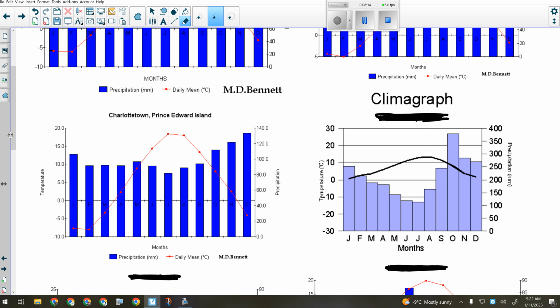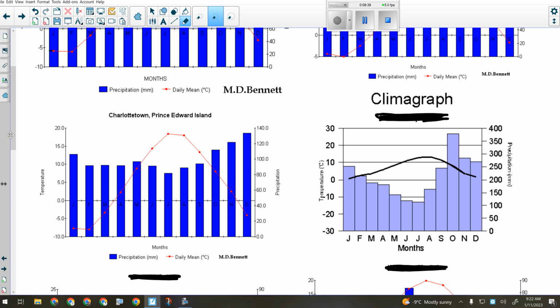And the rainfall, even though its shape is the same, is considerably higher. Instead of the wettest month being 160, now it's like 375. So this place is a lot warmer and wetter than the other three cities that we've looked at, so it definitely wouldn't go in a group with them.